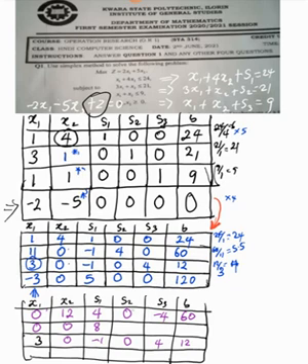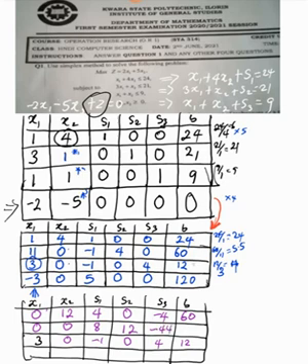Then the column for S2 now, we're going to have 4 times 3, which is 12, minus 0 times 11, which is still going to be 12. Then we have 0 times 3, which is 0, minus 44, which is going to be negative 44.